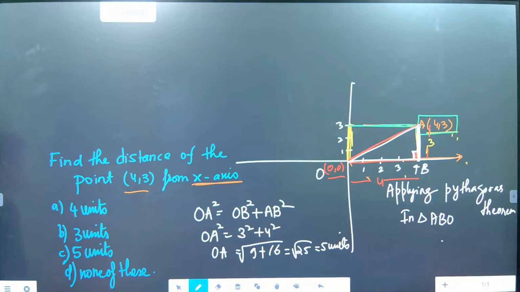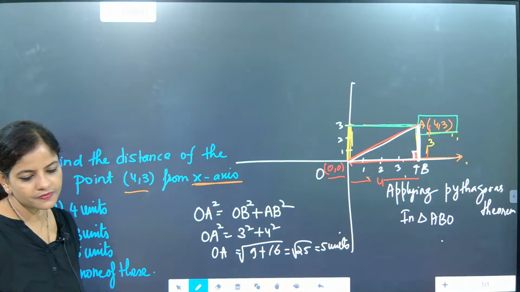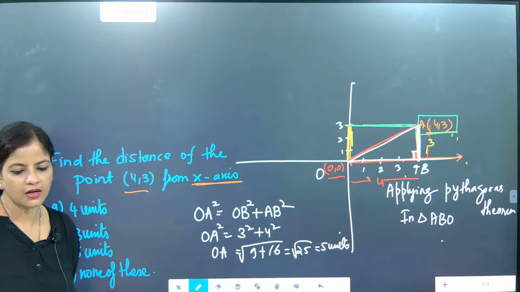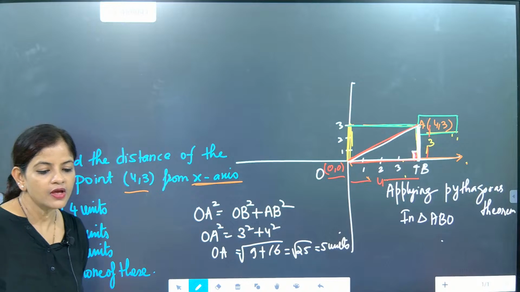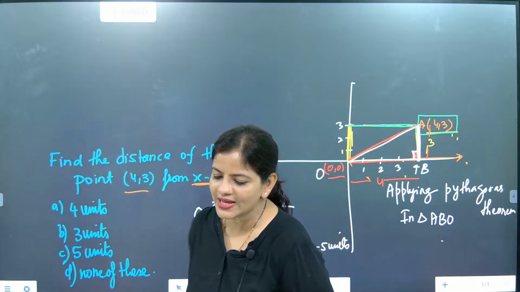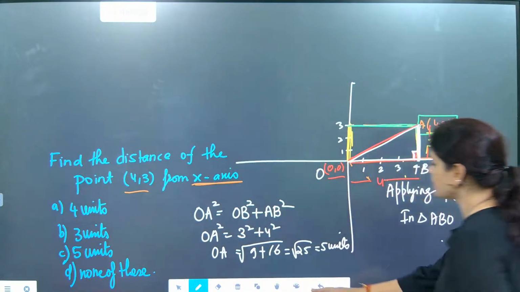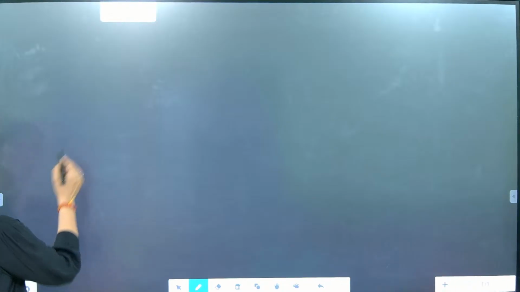Understood, na beta? Shall we start next question? Shall we start next question, beta? Let's go for some typical part of the question. Okay. So right now, first we understood the little bit questions. Now we are going to go for the second question, beta.